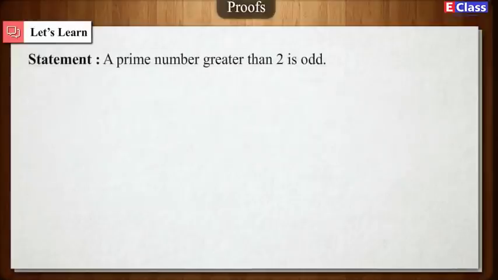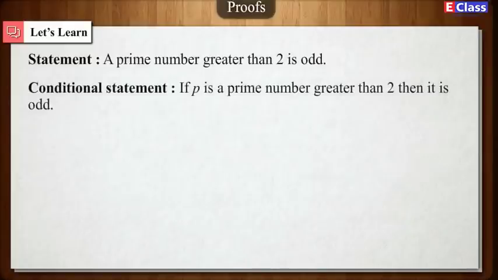Statement: a prime number greater than 2 is odd. Conditional statement: if P is a prime number greater than 2, then it is odd.